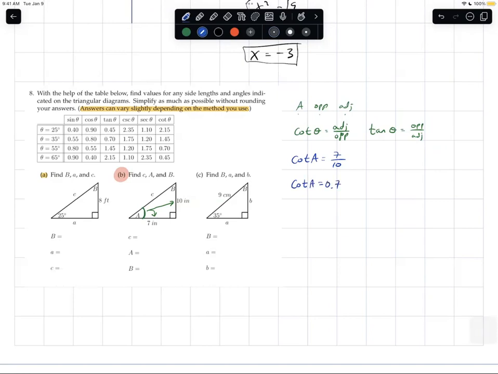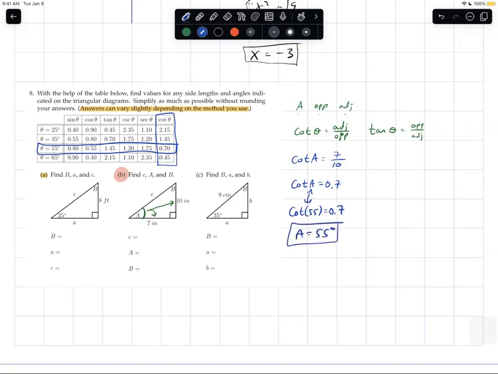So all we need to do now is find some angle whose cotangent is 0.7. If we look at the cotangent column and see 0.7 there, it tells us the angle. That's 55 degrees. The table tells us that the cotangent of 55 is equal to 0.7. So that means A must be 55 degrees.